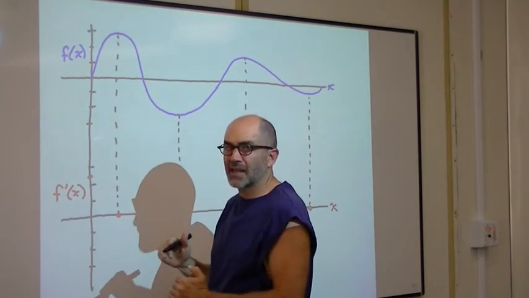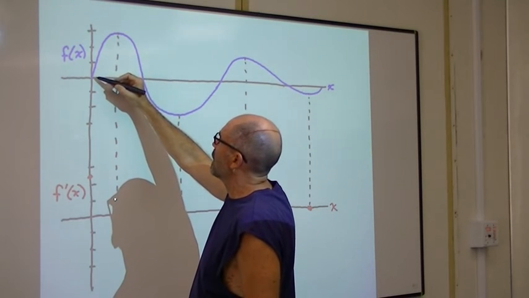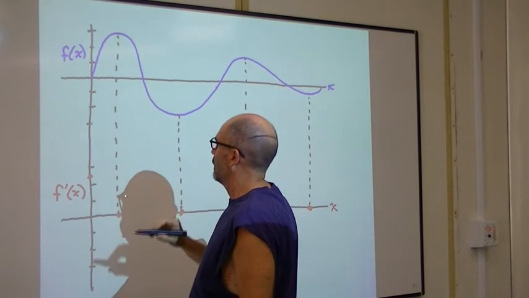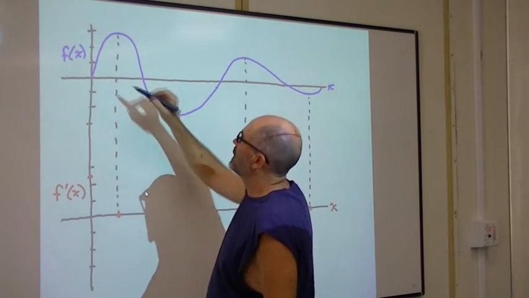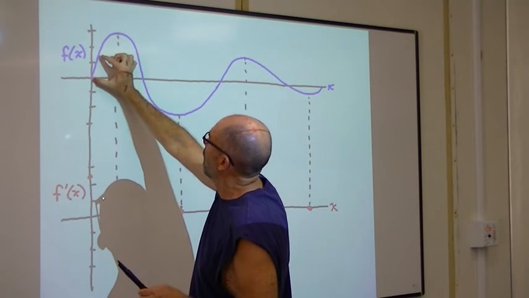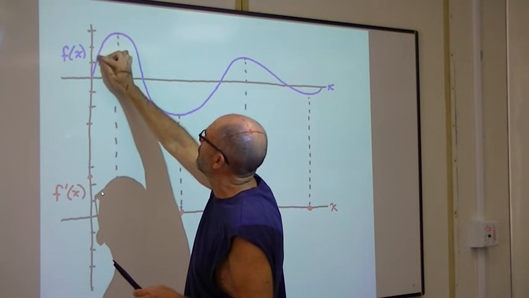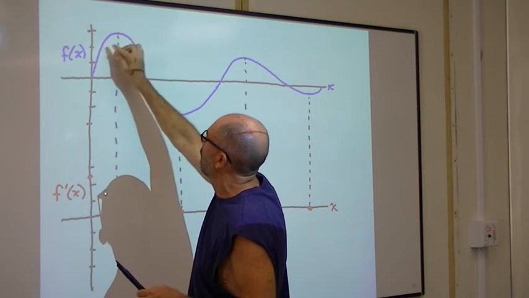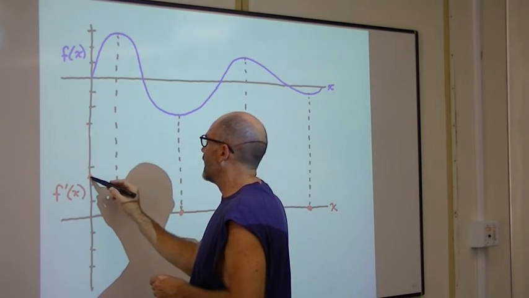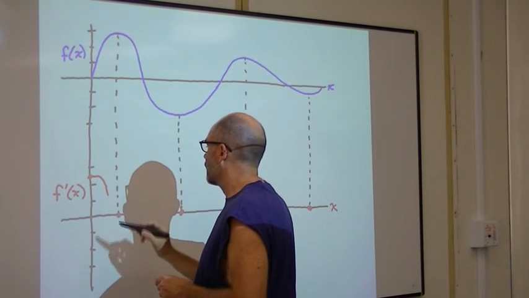It's still above the x-axis. Now, one more thing. Is the slope changing a lot at first or a little at first? Yeah, I think you'll notice the slope doesn't change very much between here and here. It's pretty much constant. And then when it gets to about here, it starts to change faster. Okay, so what we have is the slope stays a little bit the same, and then it starts to drop.